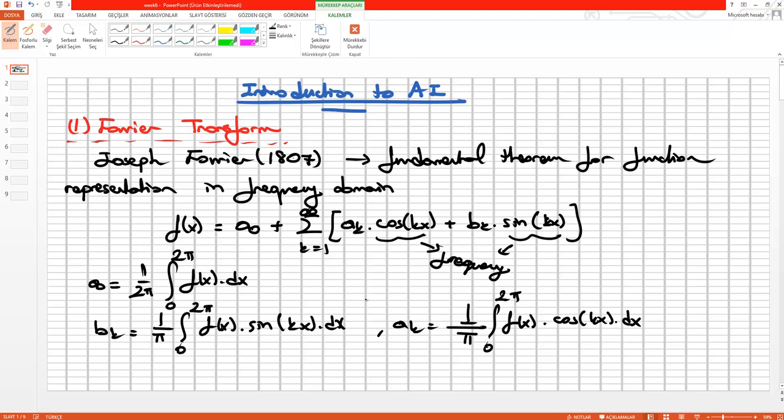Okay? This is a simple formula to create your infinite series from the Fourier transform.